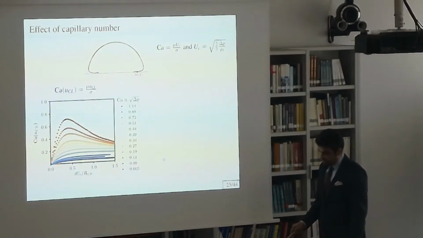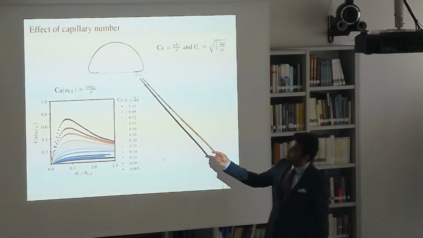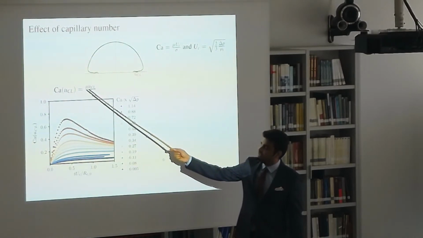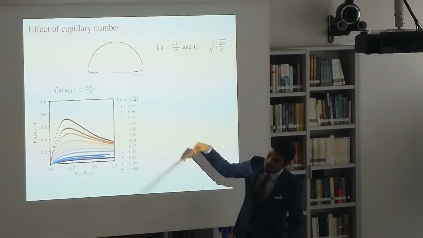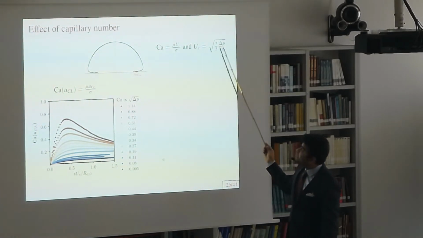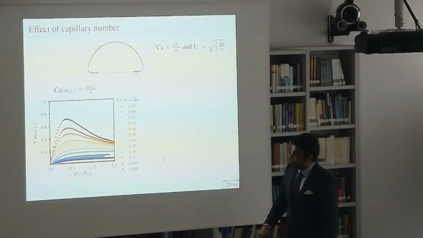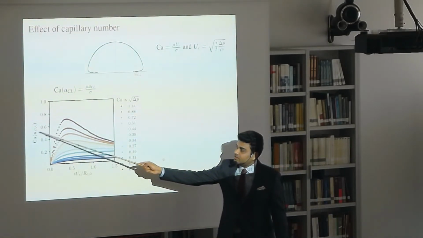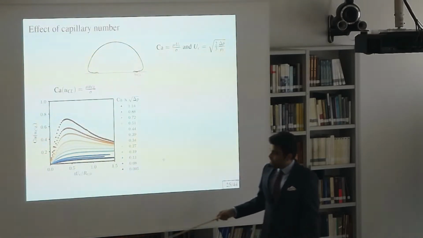One can further argue that close to the wall, the more important velocity scale is given by viscosity and capillarity, the visco-capillary scale, rather than the inertial scale predicted by the Laplace model. So we define a local capillary number with the contact line velocity.